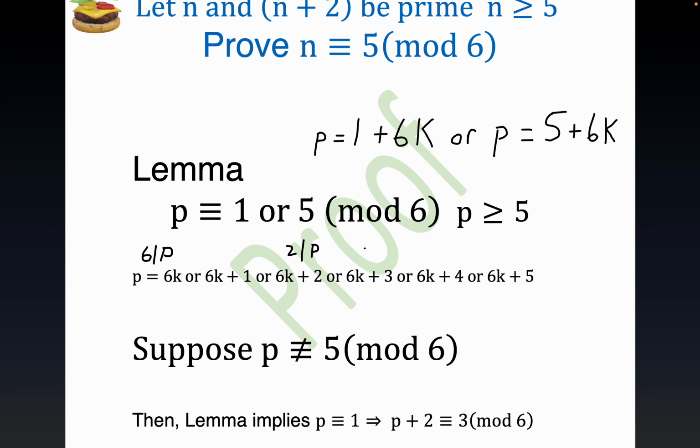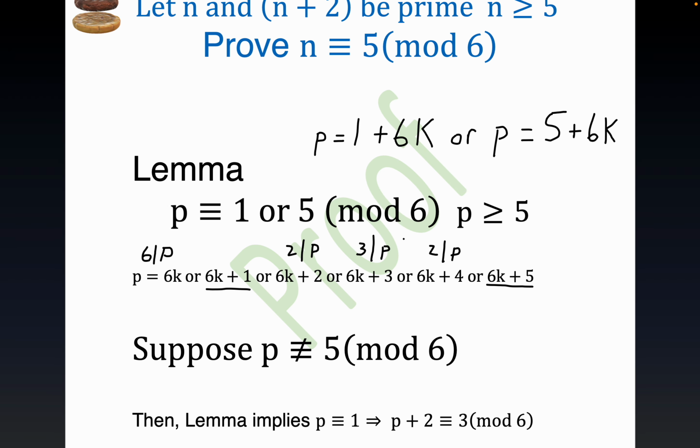Now right here, in a similar fashion, 3 divides p, meaning p can't be a prime. And right here, 2 divides p. So you can see the only things left over are these two cases, 6k plus 1 and 6k plus 5. So that proves this lemma, a proof within a proof, a very useful proof.